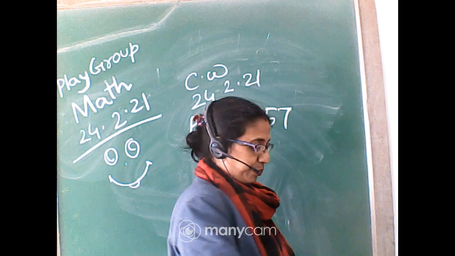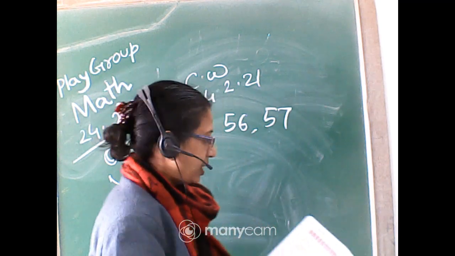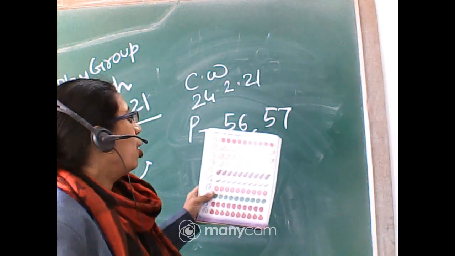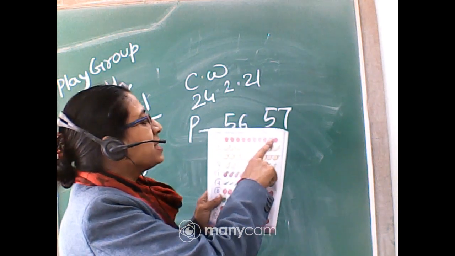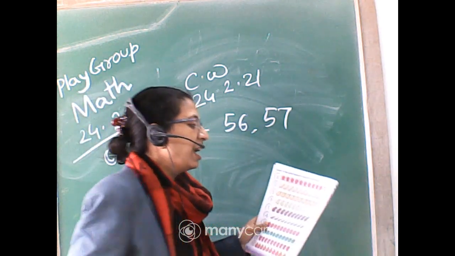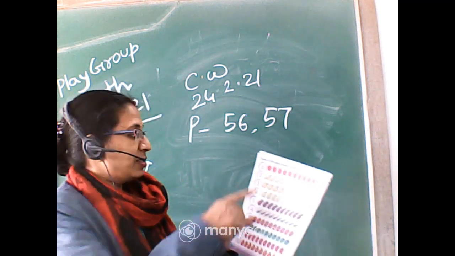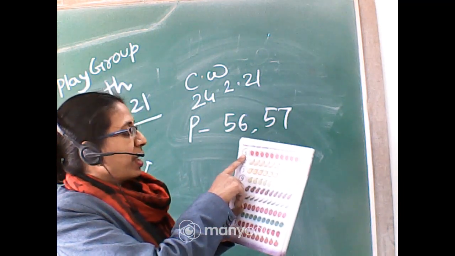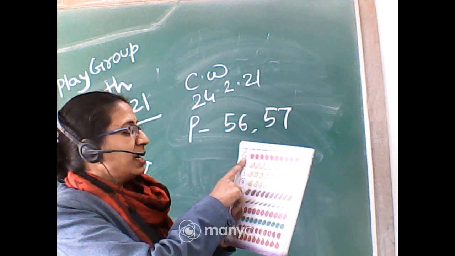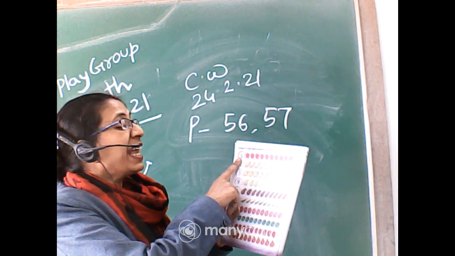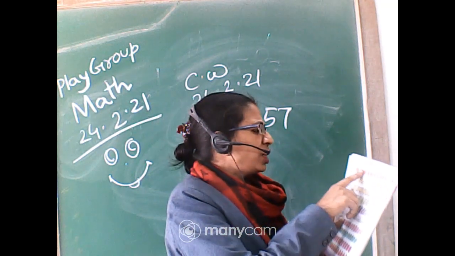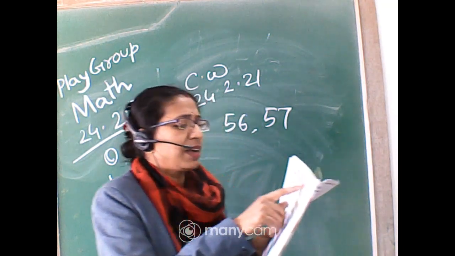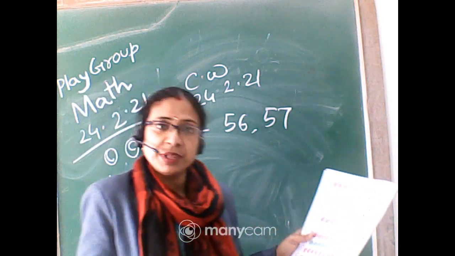Okay, so let's start. What is there? Cross the same number of fruits as the numeral. So, what is written here? 6. And so many apples are there. 1, 2, 3, 4, 5, 6, 7, 8, 9, 10. 10 apples are there.